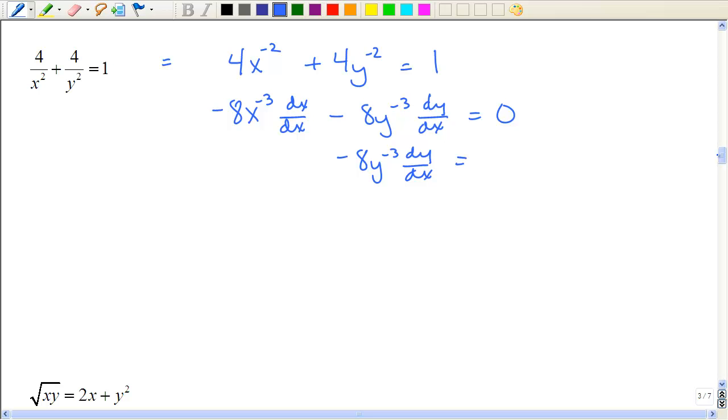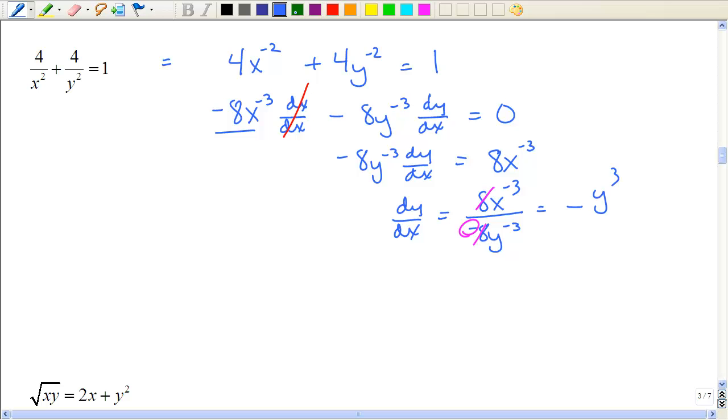So I'm going to move the 8, this term, to the other side so it becomes positive. And remember that's 1. And then I'm going to divide both sides. And then of course that reduces, don't miss that. And then I'm going to flip-flop the exponents. So the y cubed's going to come up and the x cubed's going to go down. And again, don't lose that negative. So really a little bit easier.